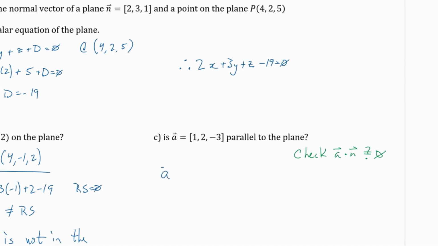Okay, so I think this works out to 5. Not 0, therefore, vector A is not parallel to the plane.